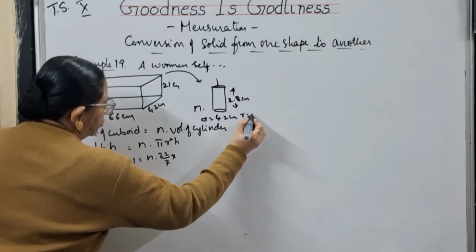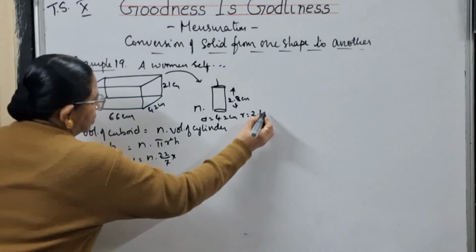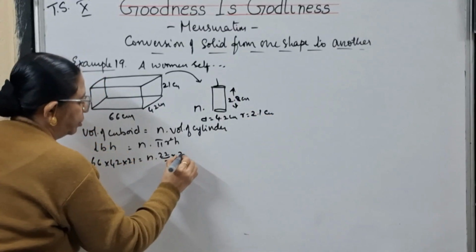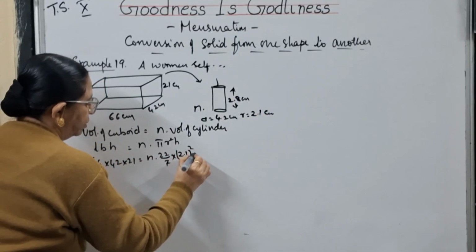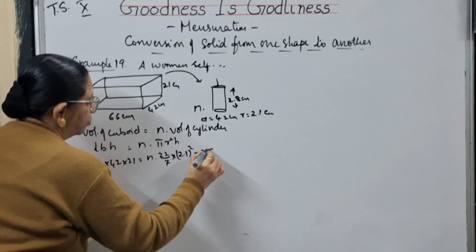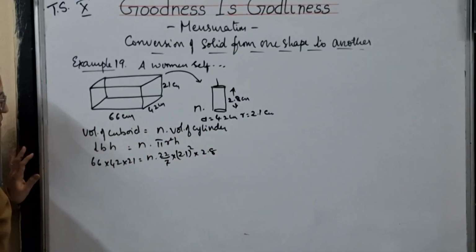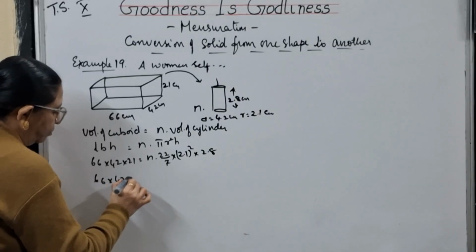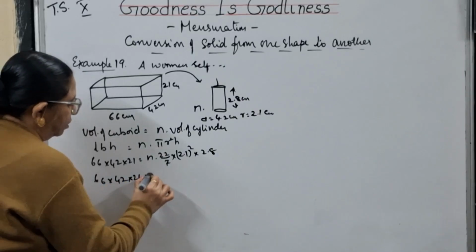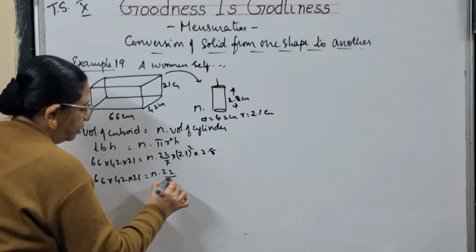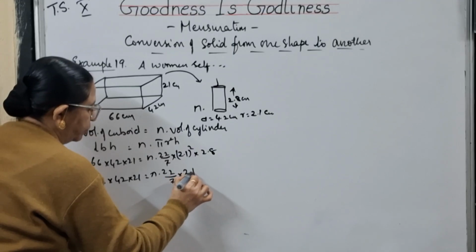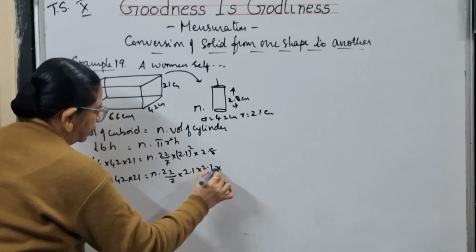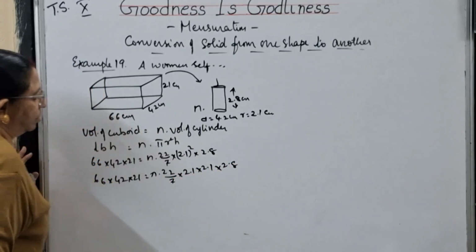Diameter 4.2 means radius is 2.1 centimeters. So 2.1 whole square into height 2.8 centimeters. So 66 into 42 into 21 is equal to N into 22 by 7 into 2.1 into 2.1 into 2.8.